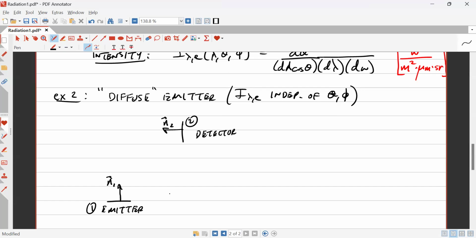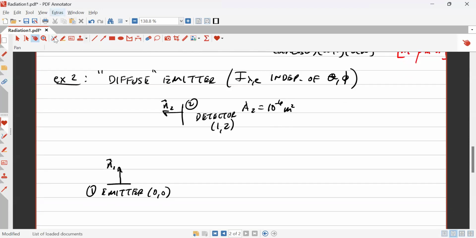If we were to map this onto a coordinate system, the emitter would be at 0, 0, and the detector would be at 1, 2. The area of the detector is 10 to the minus 6 square meters.